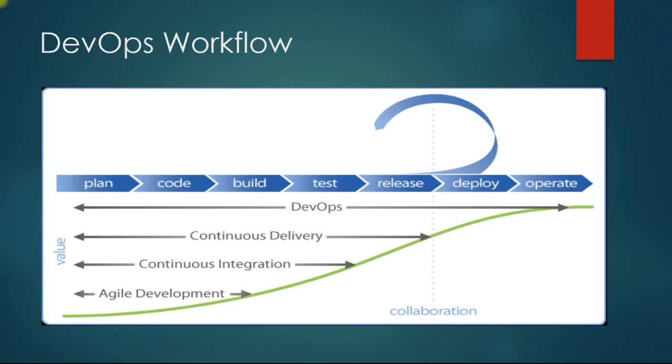DevOps workflow. I'm going to talk about the workflow now. Now the code is created through the Agile model, you plan and code. So we have seen in the Agile movement, plan, code, and then build. As soon as the build happens, every time there should be a test, which is generally called unit test, integration test.